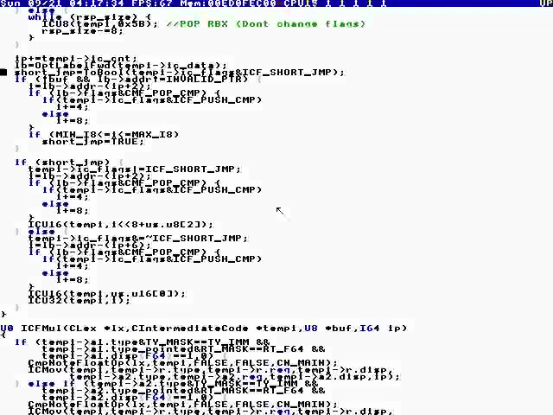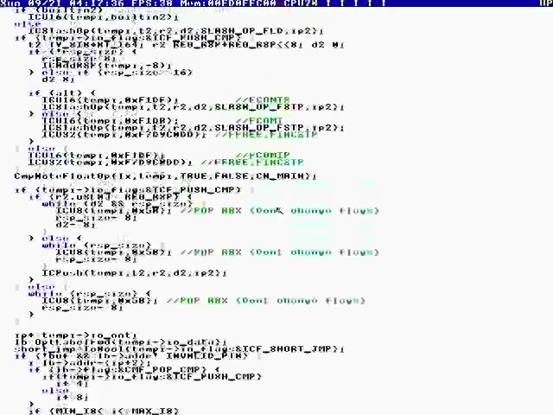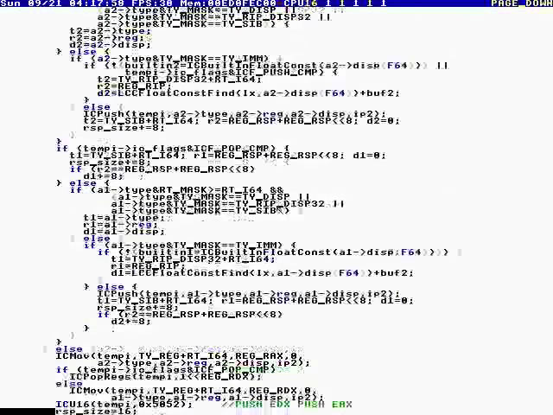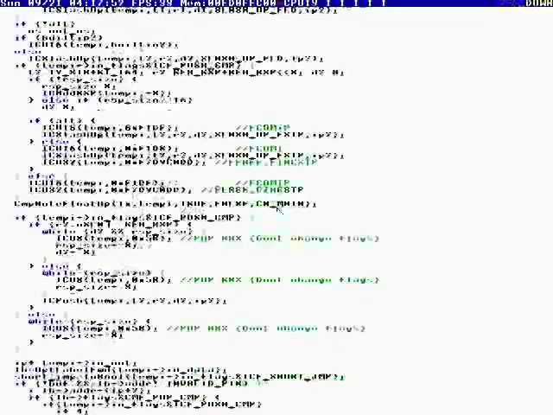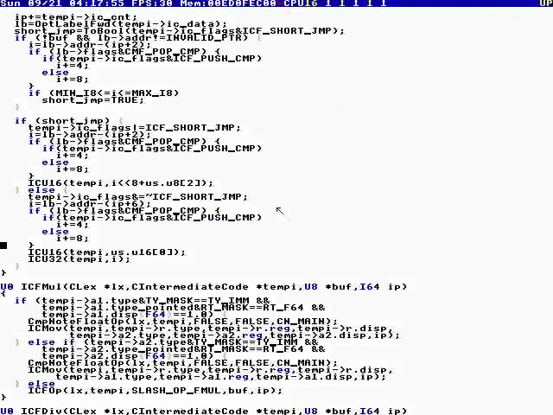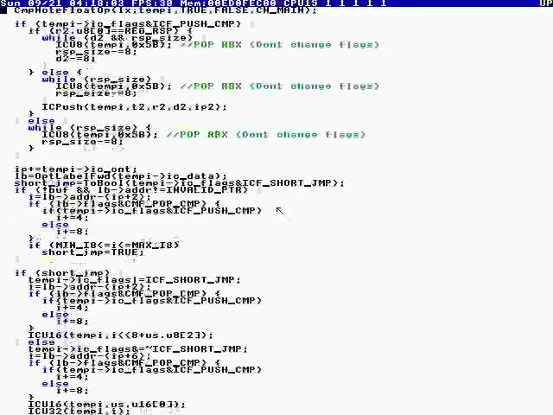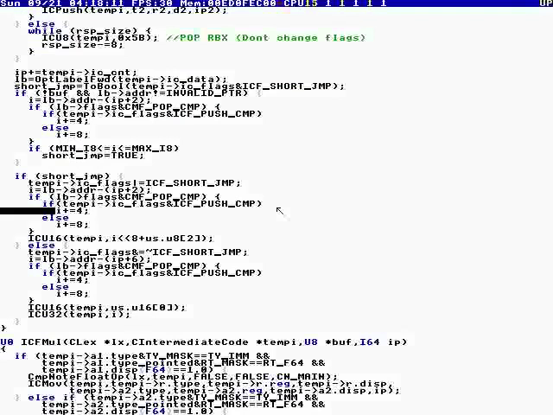But this code, I think we set the not finished flag. Where is that? For RIP relative, you always have to redo the instruction. I think we want the final flag. Where is it setting the final flag? Oh well. Anyway, for RIP relative, you have to redo it each time.